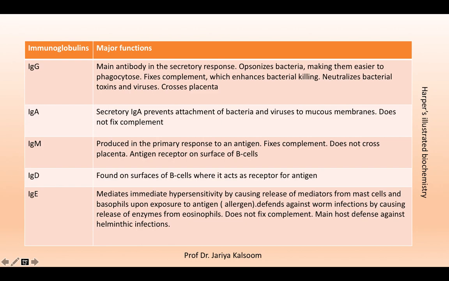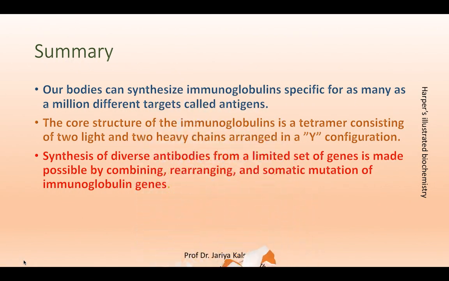IgM is produced in the primary response to an antigen and it also fixes the complement. IgD acts as a receptor for antigen and IgE mediates allergic response. Somatic mutations are the mutations that occur in a differentiated cell rather than a germline cell.